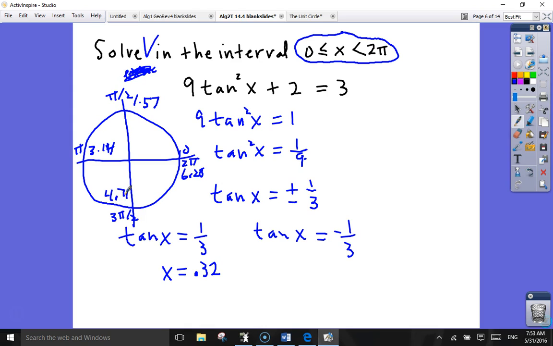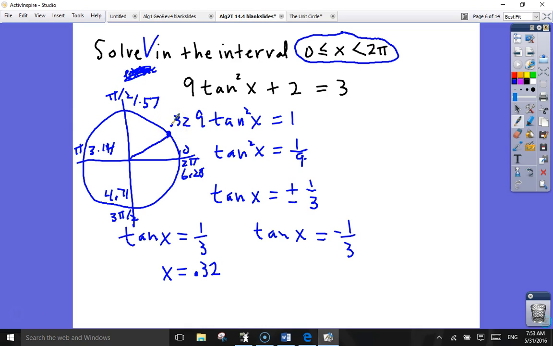So which quadrant would we be in if x is 0.32? Yeah, you got it. You're going to say it's right about there. It's actually closer to the x-axis, but let's say that that's 0.32. Now, we did this already when we were doing the inverses. If tangent equals 0.32 there, where else in between 0 and 2 pi does it equal 0.32? We were in degrees then.